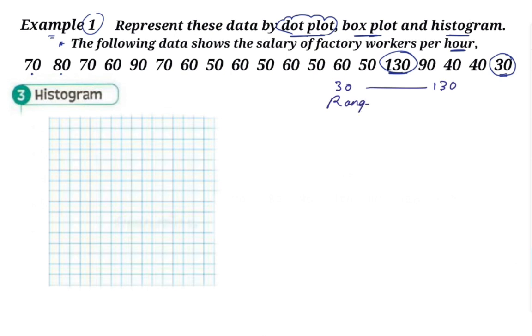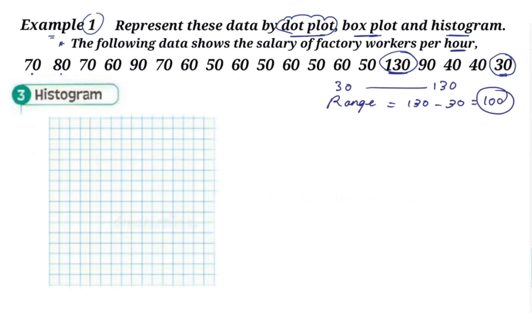The range is maximum minus minimum, equal to 100. Now my range is 100, and I need to divide it into intervals. How many intervals? Maybe 5, 4, or 10 intervals, as you like.